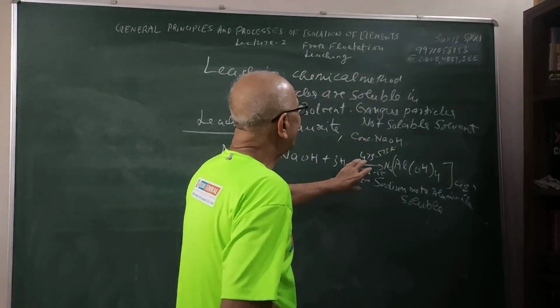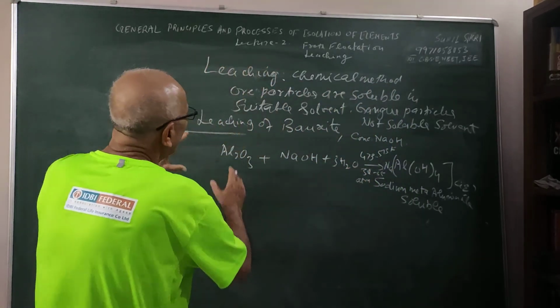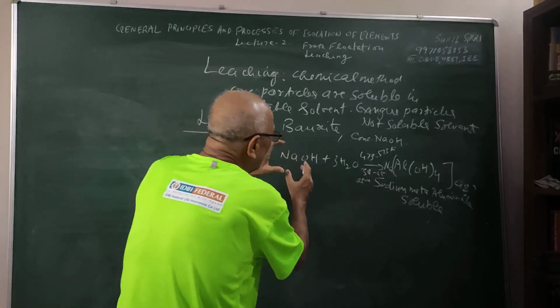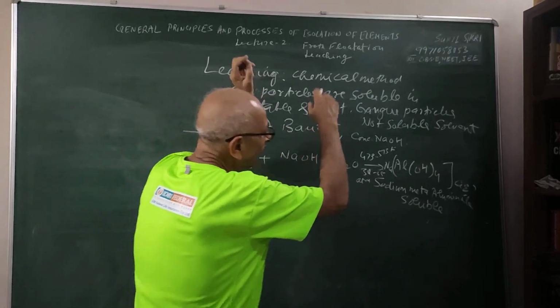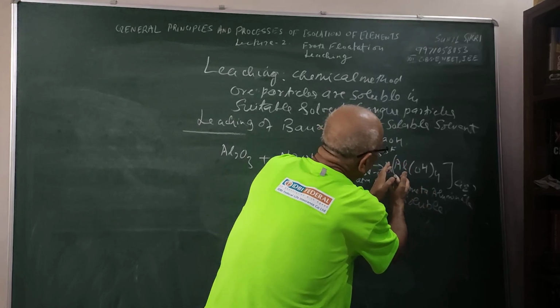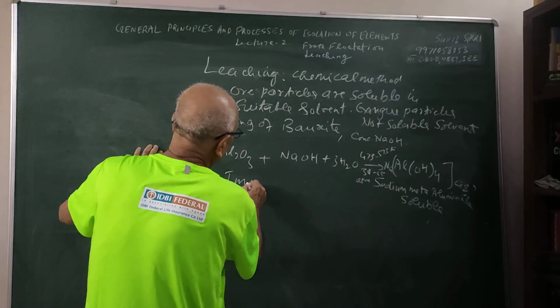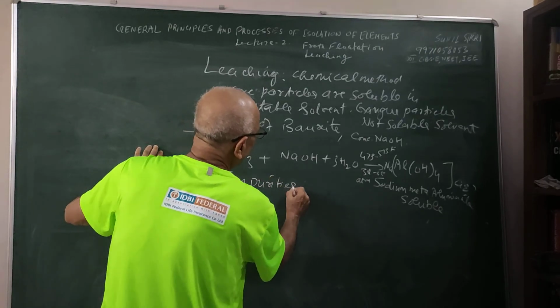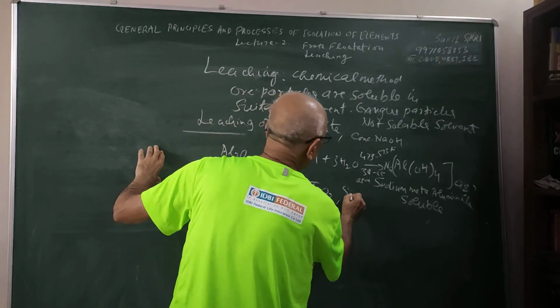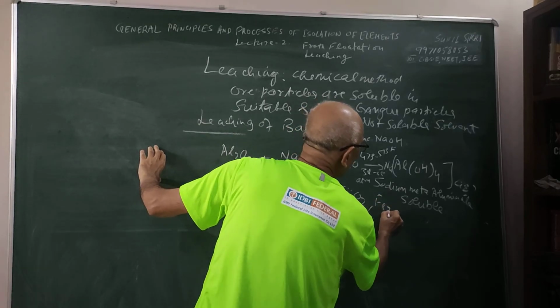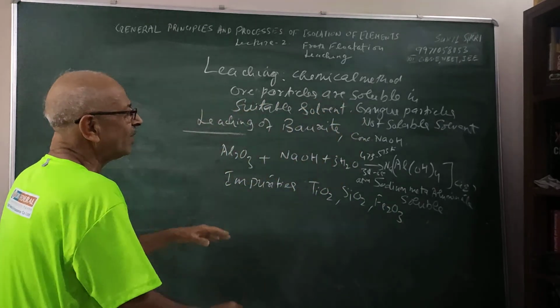Under these conditions bauxite dissolves in concentrated sodium hydroxide to form sodium meta-aluminate, and the main impurities are titanium dioxide, SiO2 and Fe2O3.